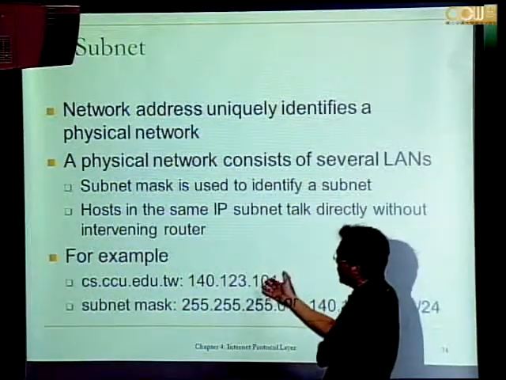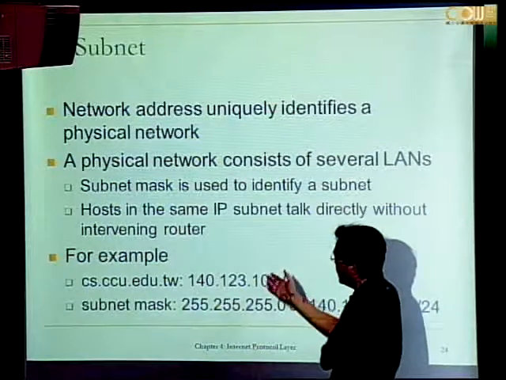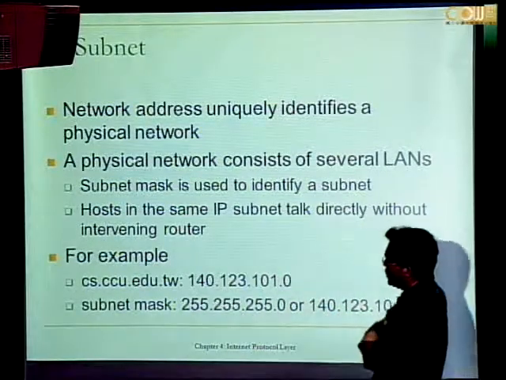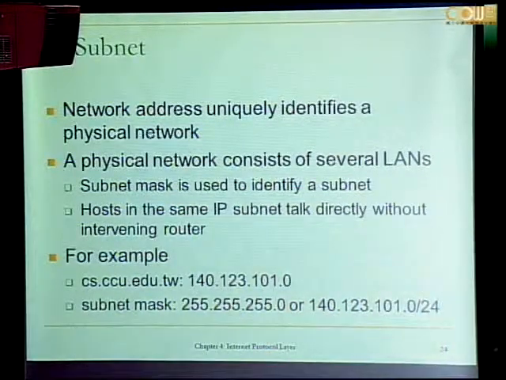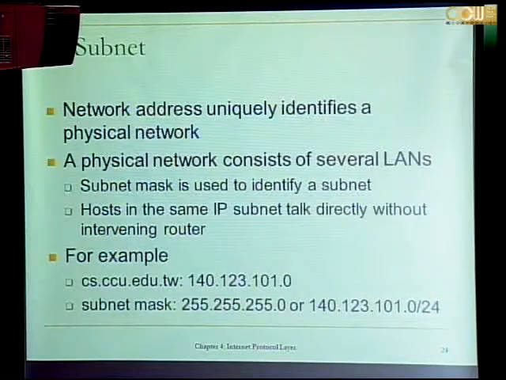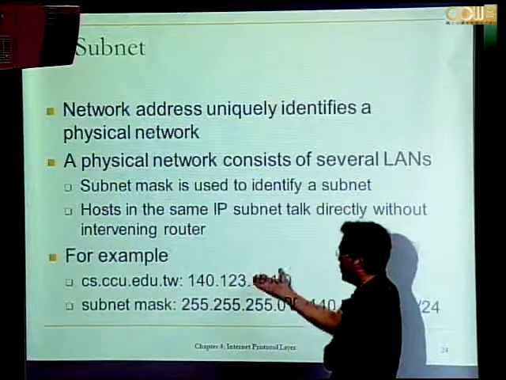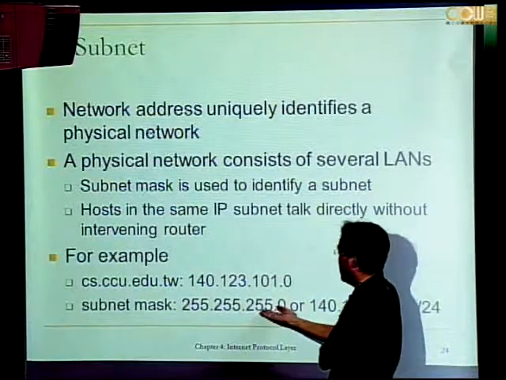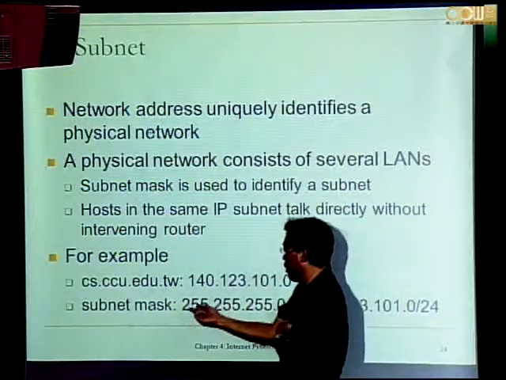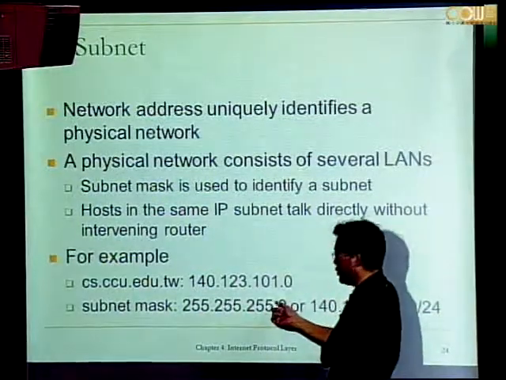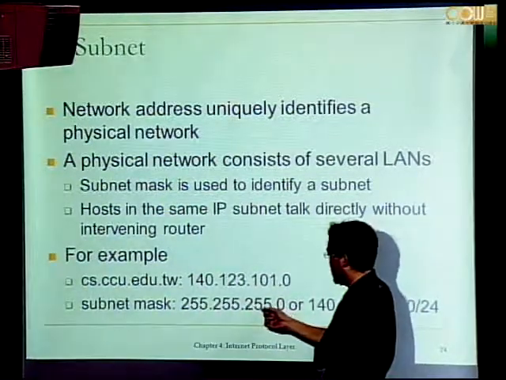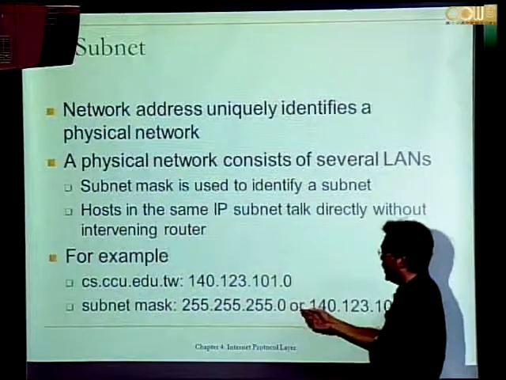Okay, and so, for example, this is the IP address in Zhongzheng University. It has a subnet mask of this. So this is a host with a subnet mask of this. It says that it's all 1s for the first 3 bytes.